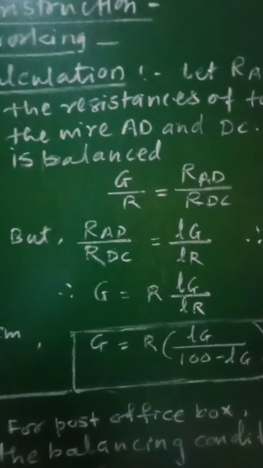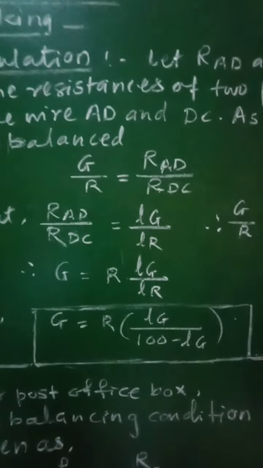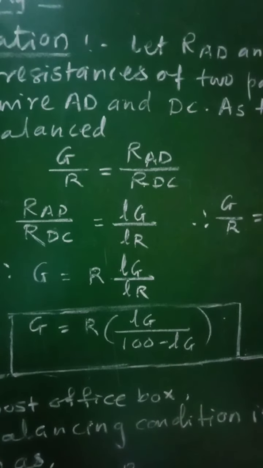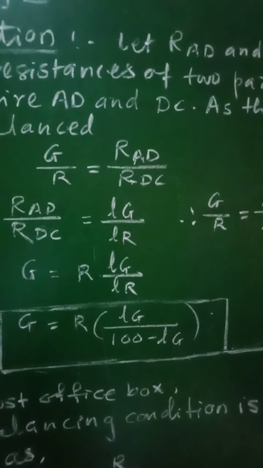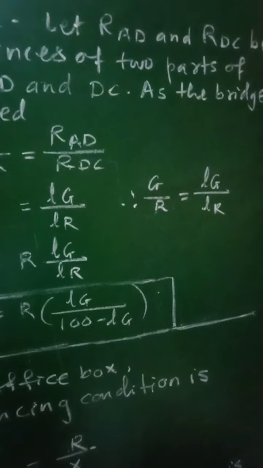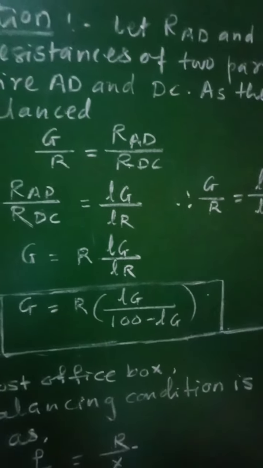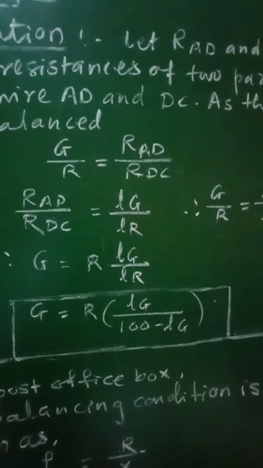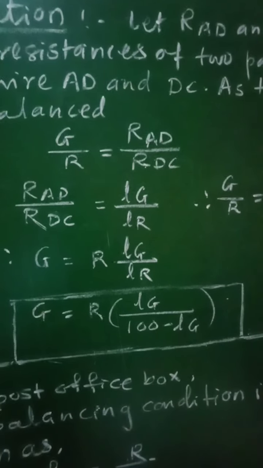But RAD upon RDC will be calculated as LG upon LR, and therefore G by R equal to LG upon LR, or G equal to R LG upon LR.